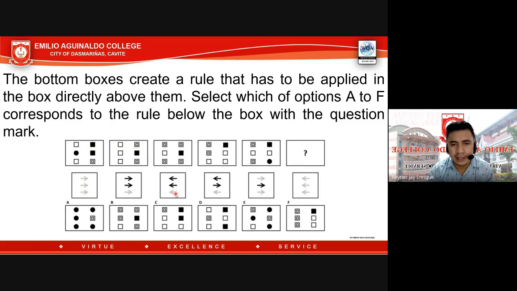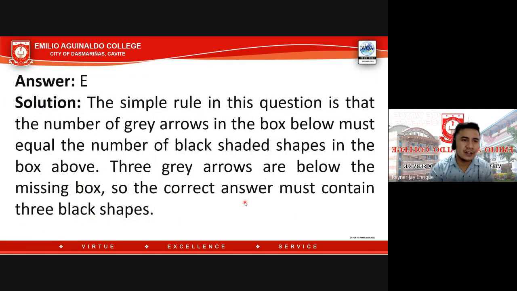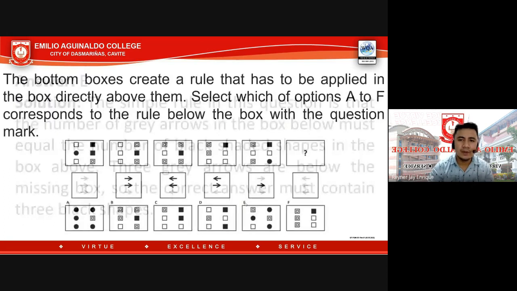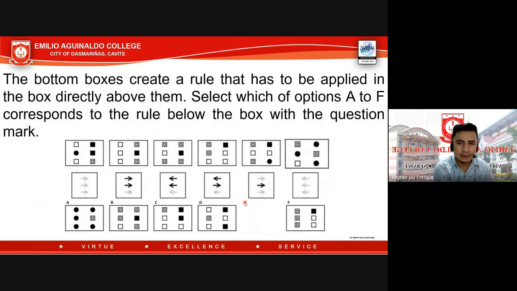We also have one here. So probably the one that we're looking for has three shaded regions. If we look at the choices A to F, the only option na meron daw tatlong shaded part is letter E. That's why for this particular problem, the answer is letter E. That will be the answer because it follows the rule at the bottom.